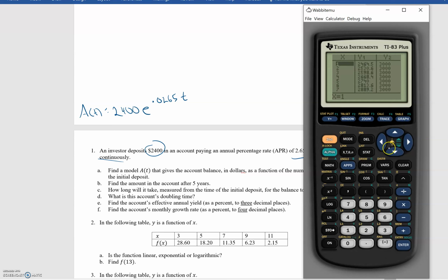This will help me decide what my x max should be. And so I see here that I crossed 3,000 in year 9. So I'm going to go to my window, and I think I'll go up to just a little bit above that. I went to 11, and then I'm going to do zoom fit.